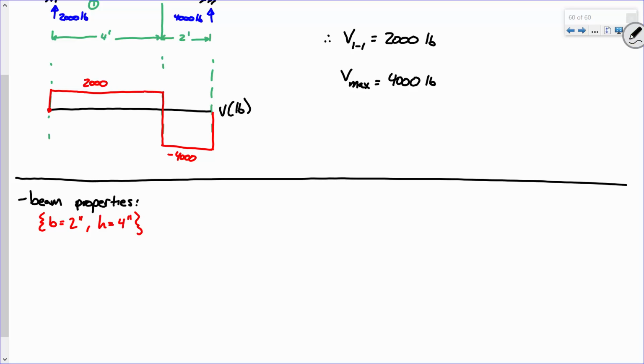All right. So help me out. What's the moment of inertia of this beam going to be? We don't need to go through a full-blown parallel axis theorem because it's just a rectangle, right? So what's the moment of inertia of a rectangle? BH cubed over 12, exactly. And if you don't remember, just go to Appendix E.